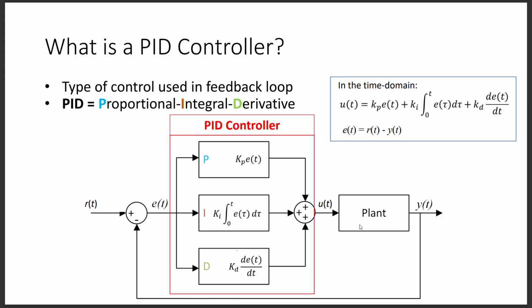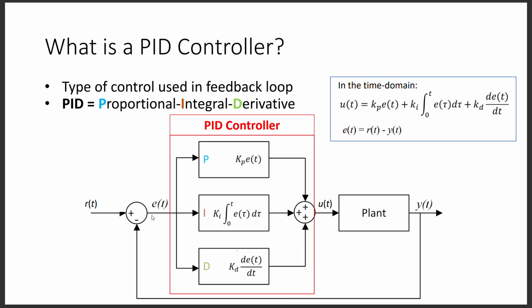Okay, what's an example? Well, think about driving when you're driving your car. If you're off the road, your eyes see the current location of your car. So you are measuring the current location. You subtract that from the desired location, which is being on the road.